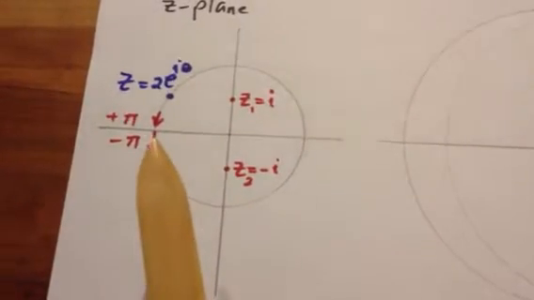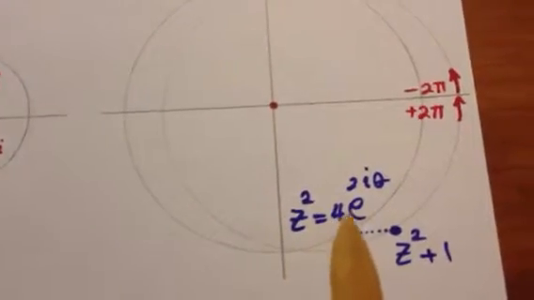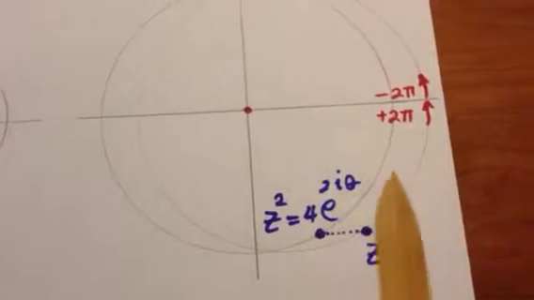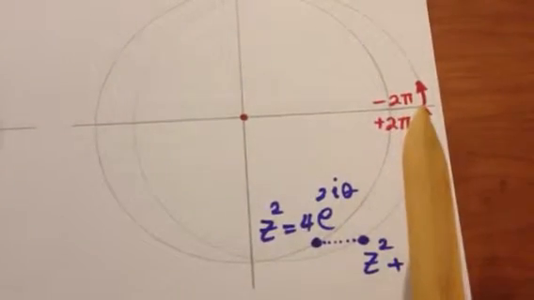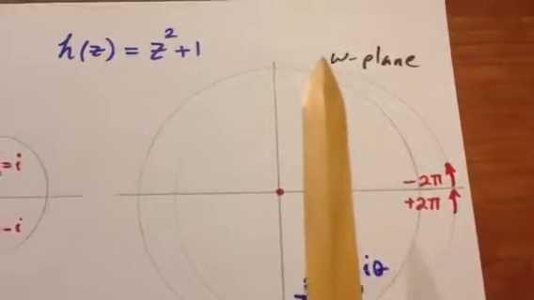Now, when the argument of z starts at minus pi, the argument of z squared starts at minus 2 pi, and it moves counterclockwise.